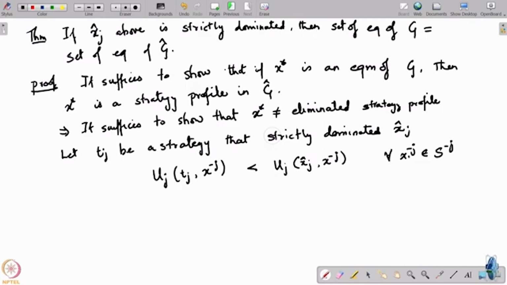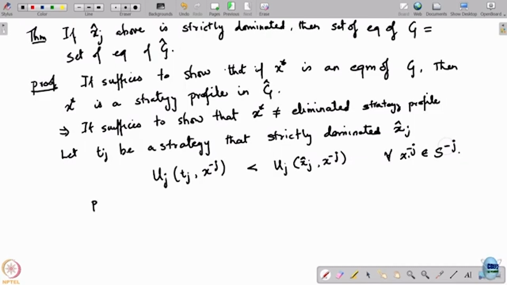in S minus j. So, now what do I do here? Now this has to be true for every x minus j. So, I can put in my favorite x minus j, and in this case the choice is natural. I will just put x minus j as x minus j star, the equilibrium strategy, the part of the profile from the equilibrium.